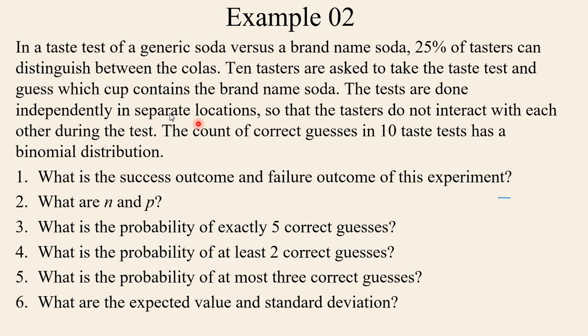So the trials are independent. Then the count of correct guesses in 10 tests has a binomial distribution. In this case, the binomial random variable is the count of the number of correct guesses in 10 tests.